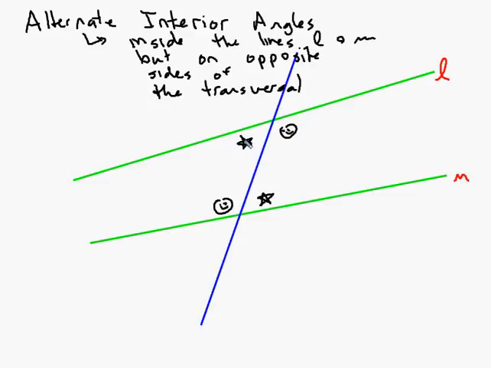Do you get what I'm saying? Do you notice how these two angles that are starred are inside, in between the two green lines, but they're on opposite sides of that blue line? Those are alternate interior angles. These ones with a smiley face, same thing. They are alternate interior angles.